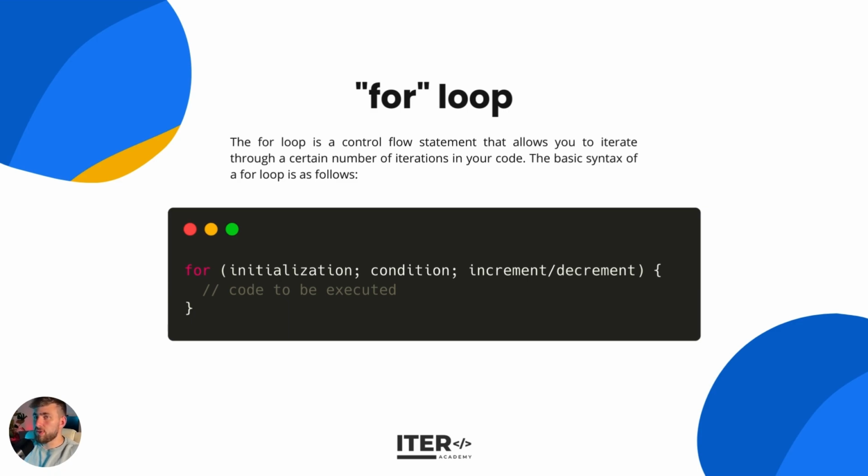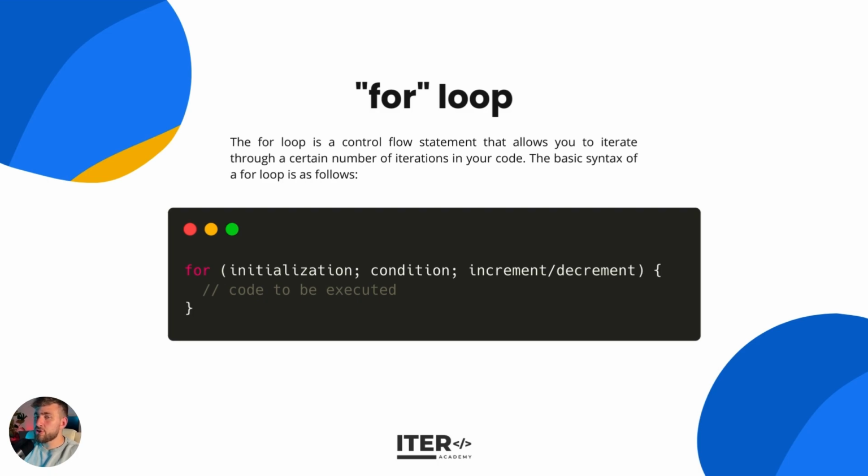The for loop is a control flow statement that allows you to iterate through a certain number of iterations in your code. The basic syntax of a for loop is as follows, as you can see in the example. For, then in parentheses we have an initialization, then condition, and increment-decrement.